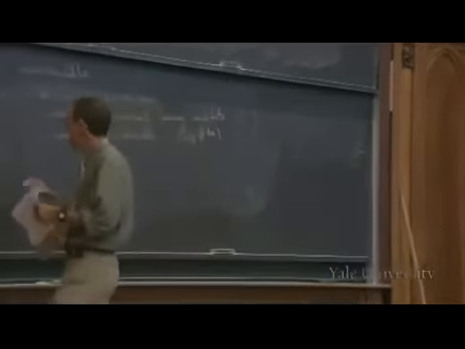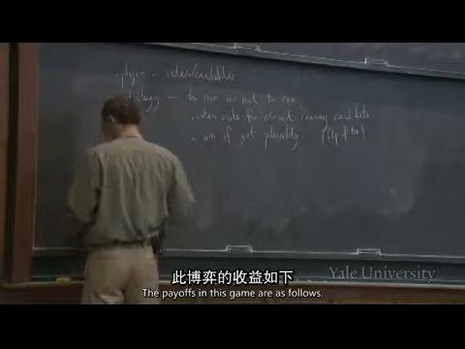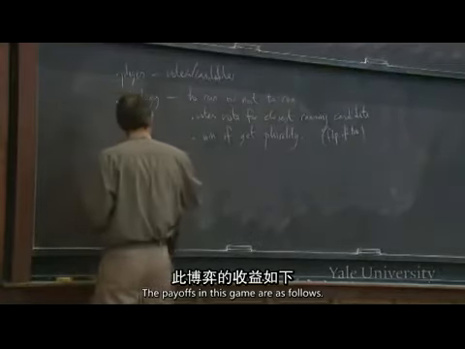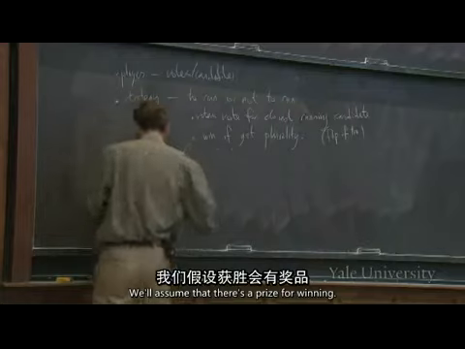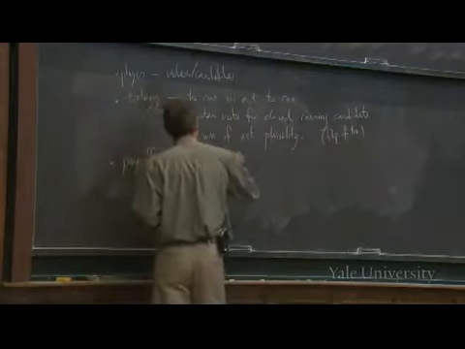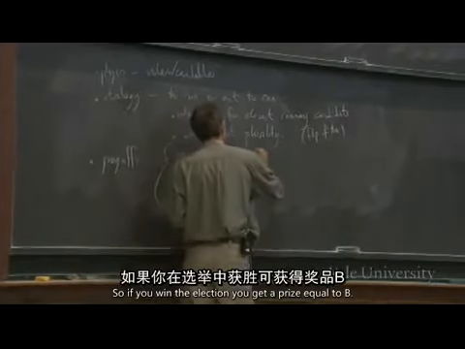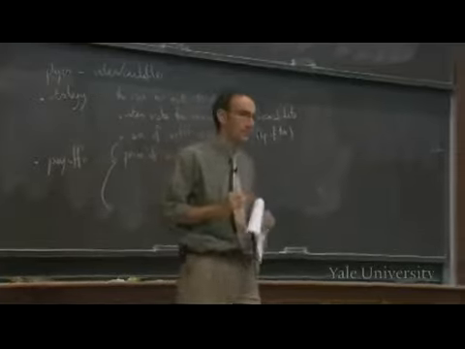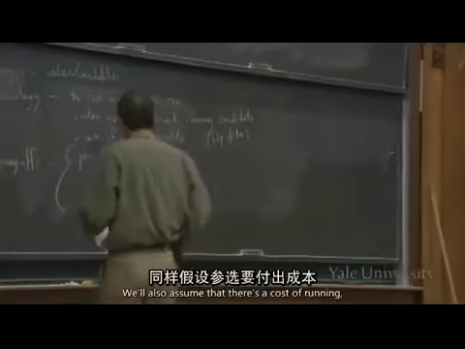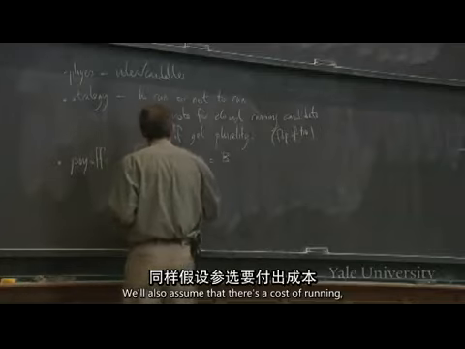And the payoffs in this game are as follows. We'll assume that there's a prize for winning. So if you win the election, you get a prize equal to B. We'll also assume that there's a cost of running.